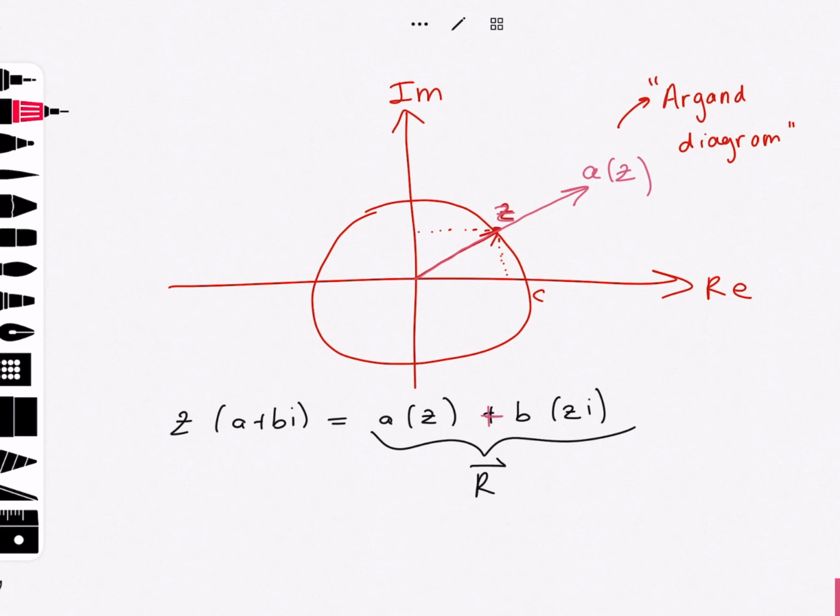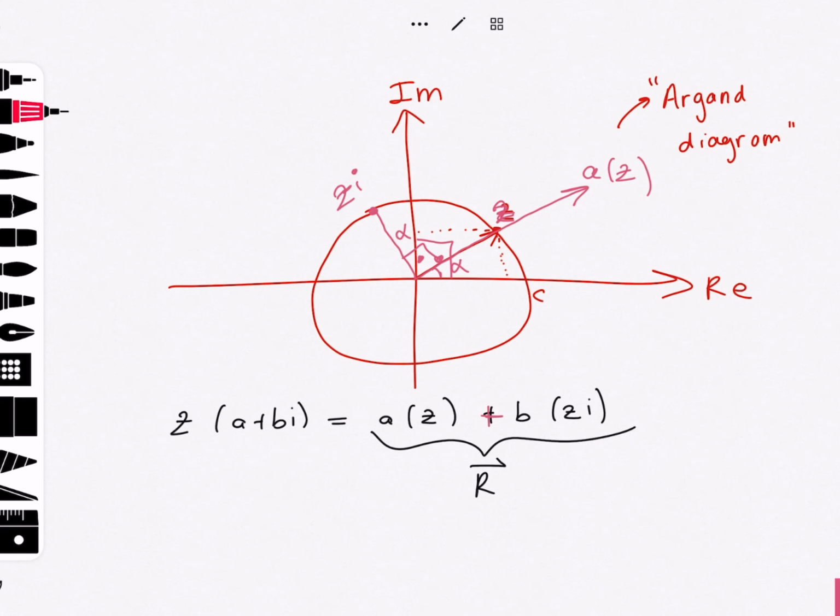So now let's draw zi. This angle is alpha. zi has the same magnitude as z. It's only rotated by 90 degrees, so this is 90 degrees. This is also 90 degrees. So this is alpha, right?